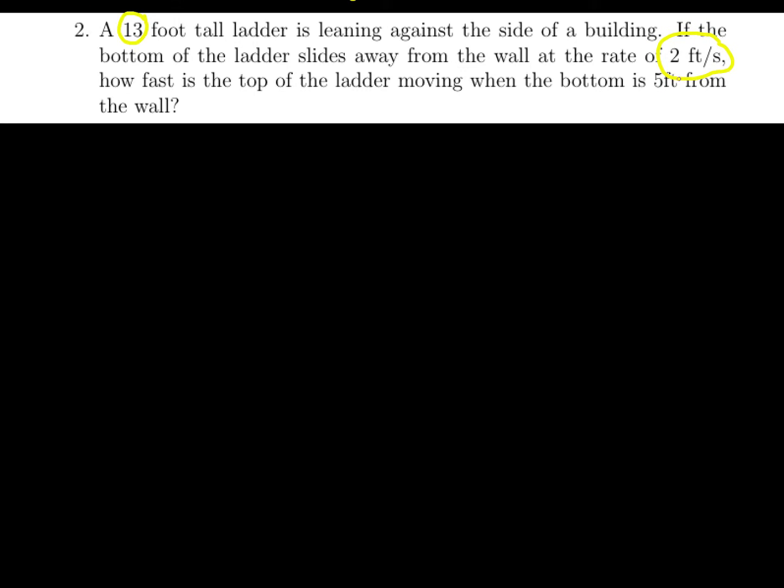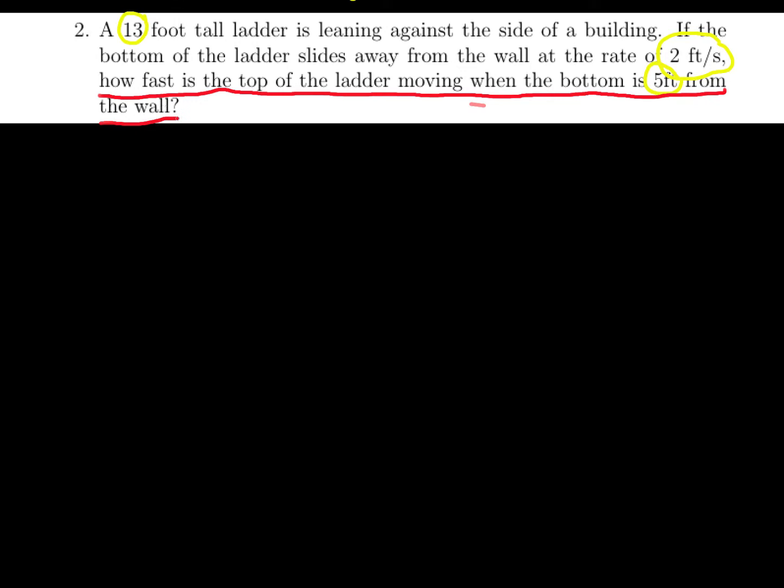How fast is it when it's 5 feet from the wall? Okay, so we've circled our numbers, and now we're going to underline our question. How fast is the top of the ladder moving when the bottom of the ladder is 5 feet from the wall? So there is our question.